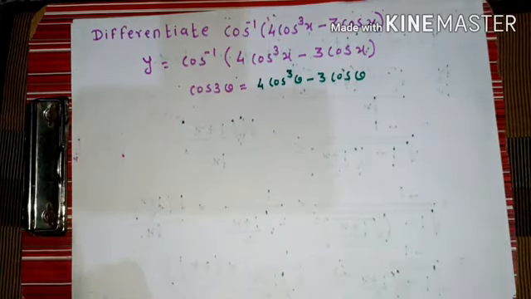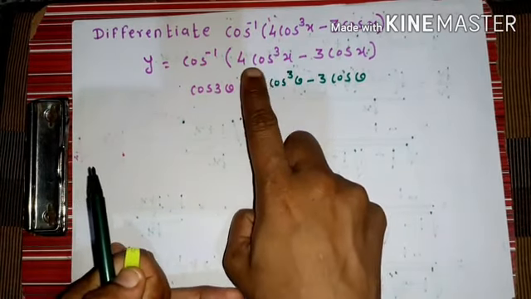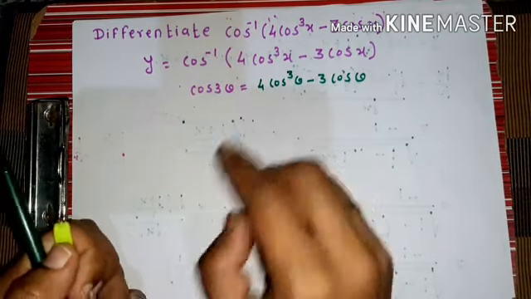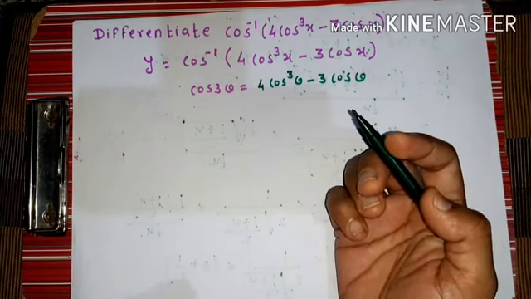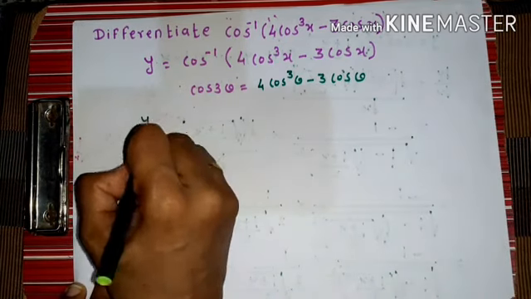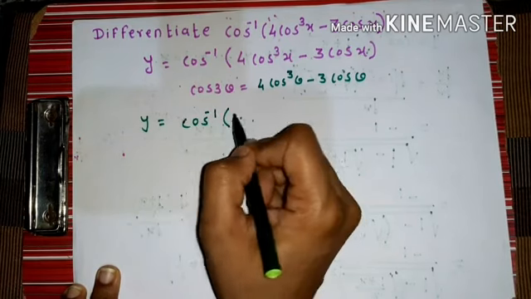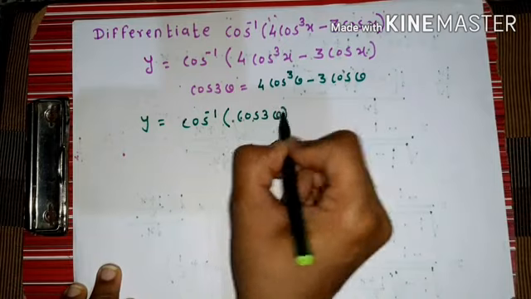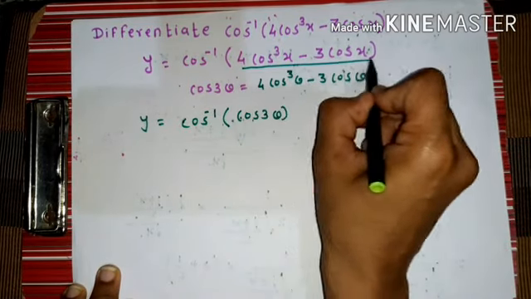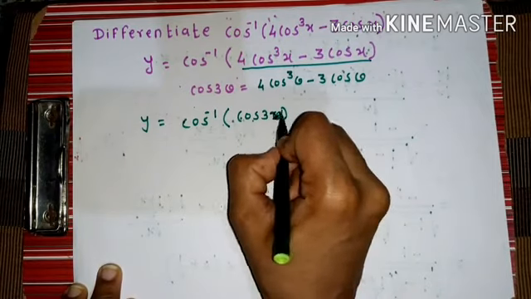And therefore, if we put this value in the given function, the function is in a very simplified form and we can differentiate very easily. And that's why the given function becomes y equal to cos inverse of cos of 3x, since the variable is x here.